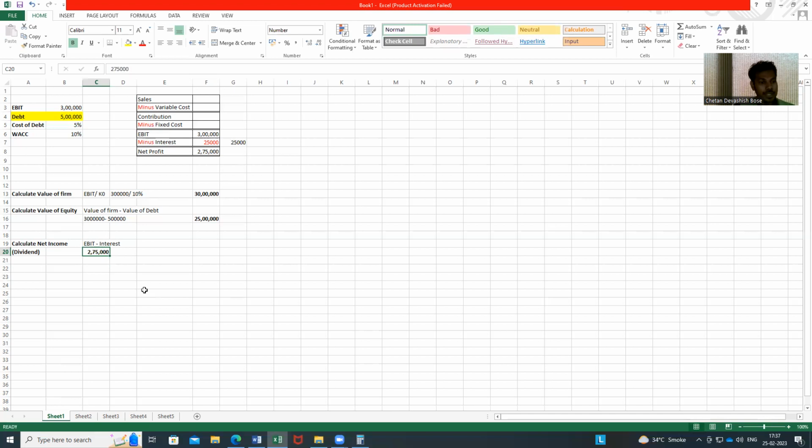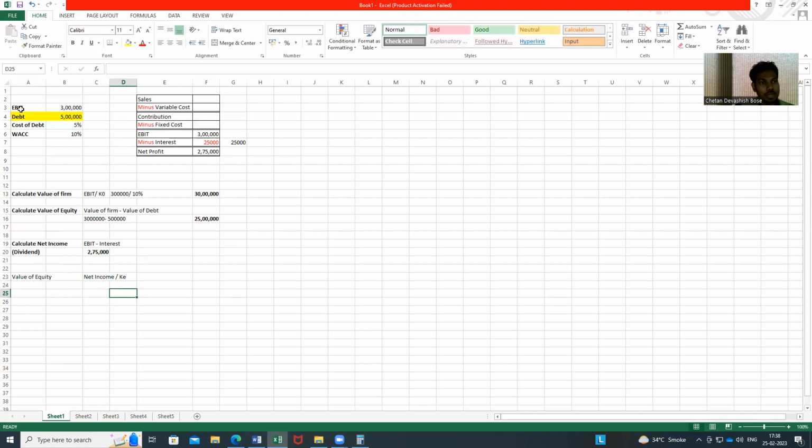Now, if they ask another question, that how to calculate the cost of equity. If you remember, what is the formula for value of equity? Value of equity का formula क्या है? It was net income divided by KE, that is cost of equity.